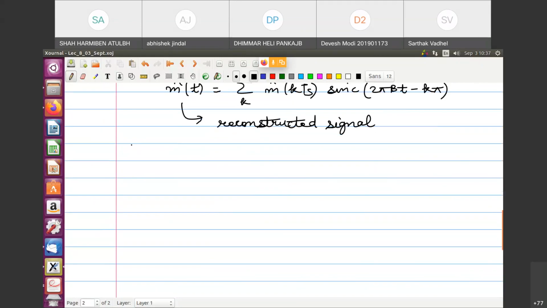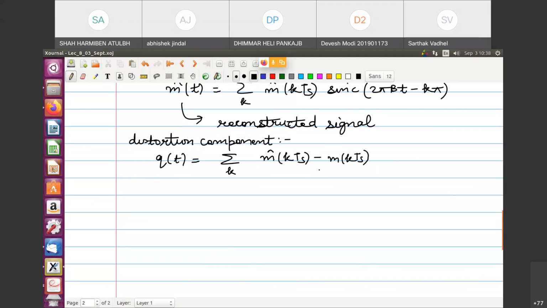Now let us see the error or distortion component which this operation puts in the system. Let us say this is q of t, which is equal to the summation over k of m cap of kTs minus m of kTs, times sinc of 2 pi B t minus k pi.